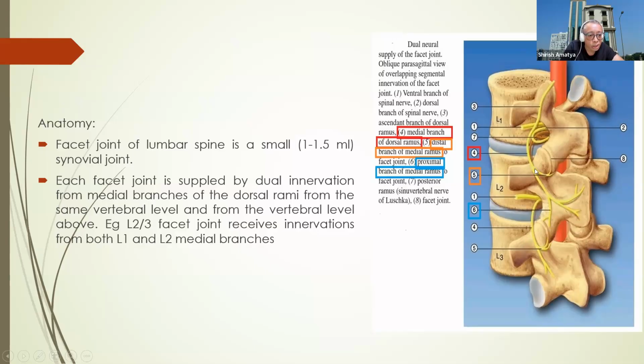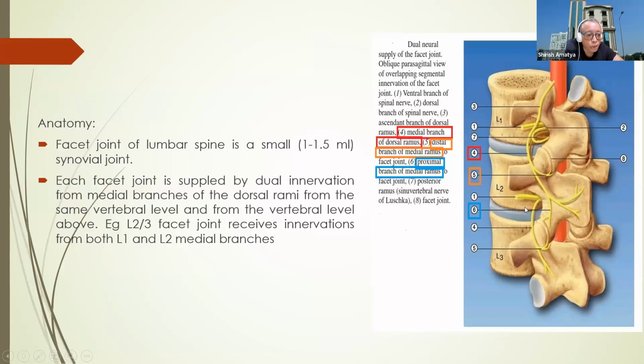You can see this is gradually coming down, and one of the branches it is giving is to the L2-3 facet joint. Similarly, the L2-3 facet joint also receives nerve supply from the medial branch of the dorsal rami of L2, this lumbar spinal nerve. So this facet joint receives nerve supply from the same vertebra as well as the vertebra above, but the level of blockade is at L2 and L3, the groove between the superior articular process and transverse process.